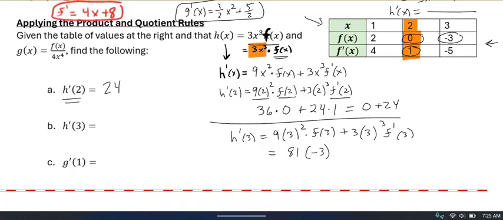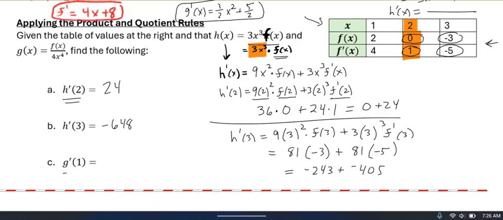So the numbers are getting a little larger here. Plus 3 cubed, 27 times 3, 81 times f prime of 3, negative 5. So we've got to evaluate what these values are. All right, so I have a negative 243 plus a negative 405, which I believe gives me a negative 648 if I didn't make any computational errors.